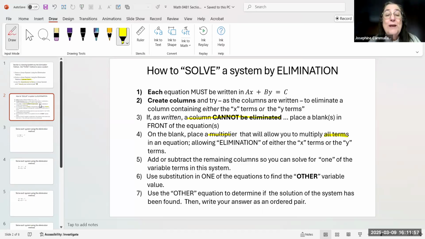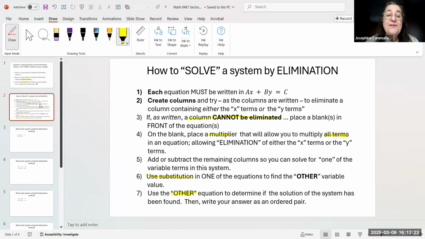Now, once we get an answer for one of the variables, we're going to use substitution to get the other variable. And then, because we have two equations, we're going to use the other equation that we didn't get our second variable from, and we're going to see if it checks.